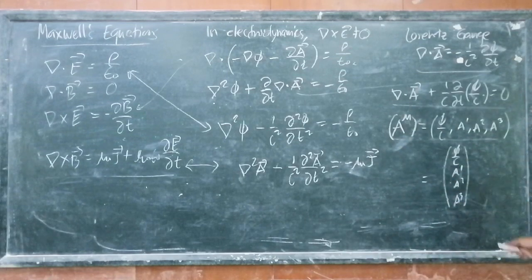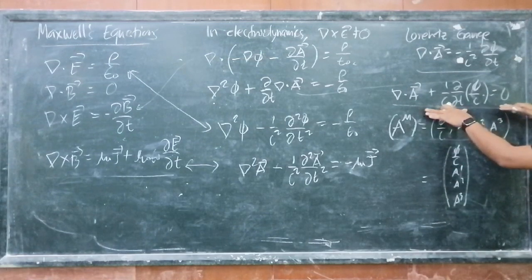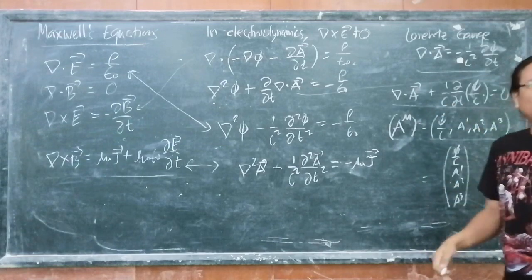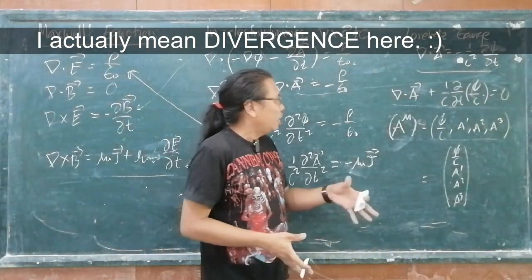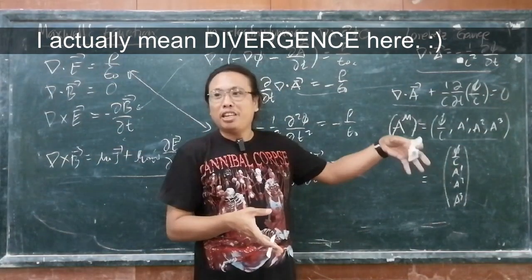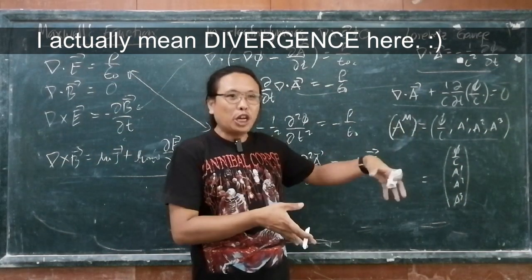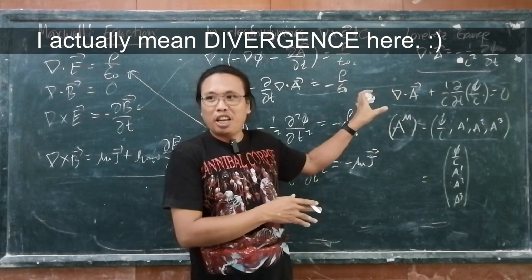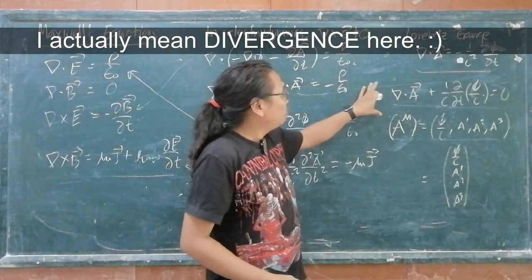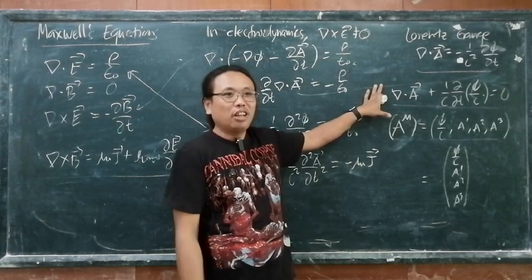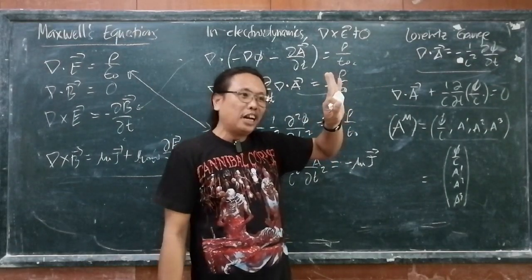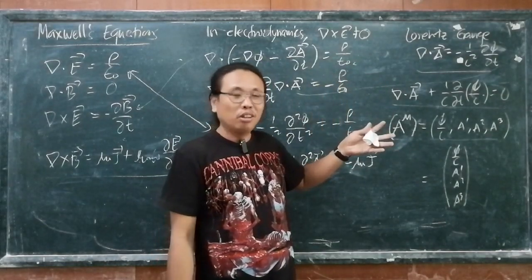And if we define A to be like this, then in fact the Lorentz gauge is the four-dimensional divergence of the four-potential set to 0. Whereas the Coulomb gauge sets the divergence of the three-dimensional vector potential to 0.